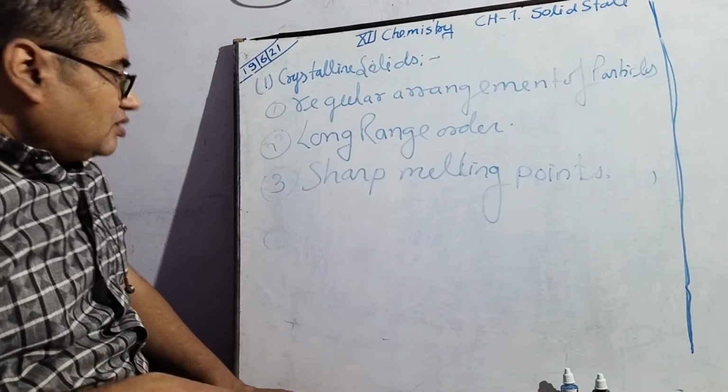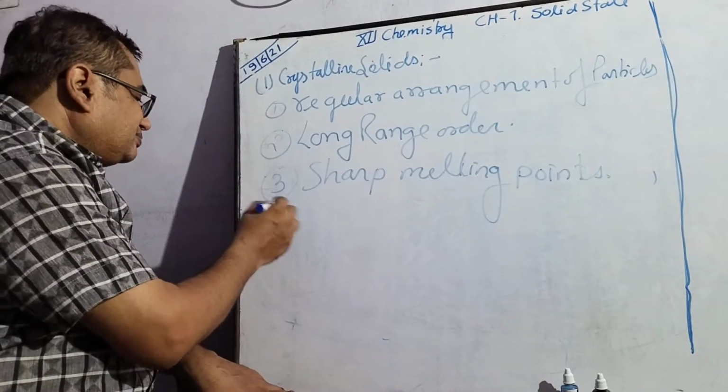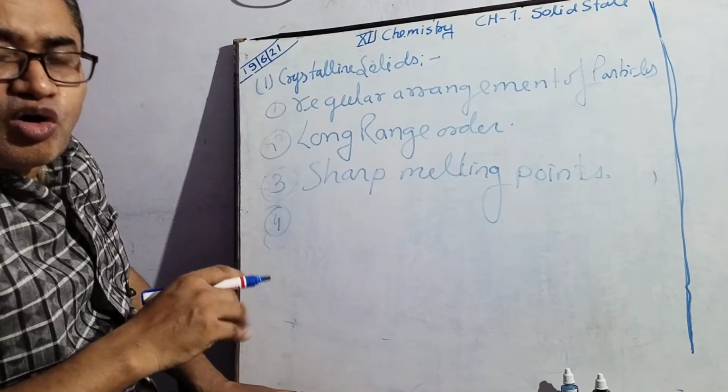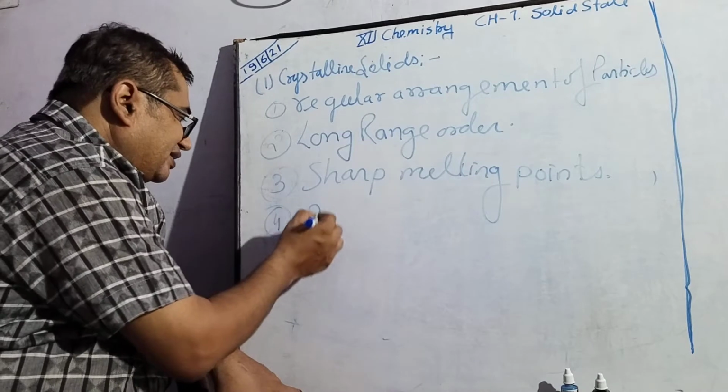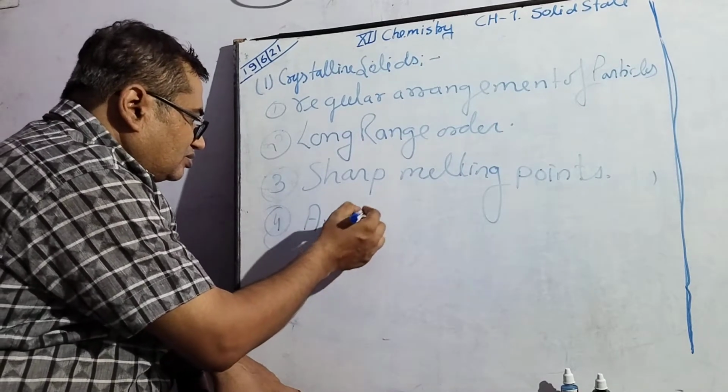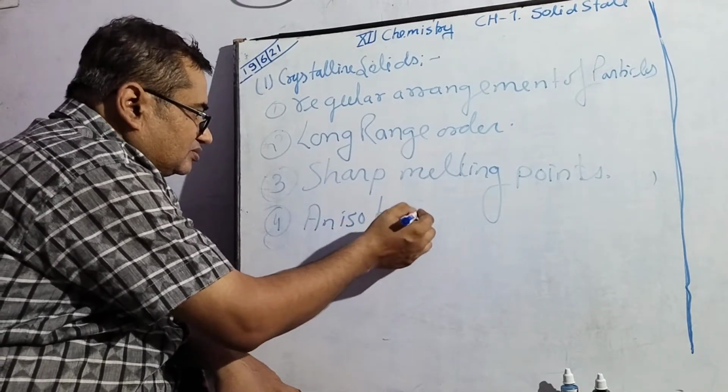The next point is that all crystalline solids are anisotropic.